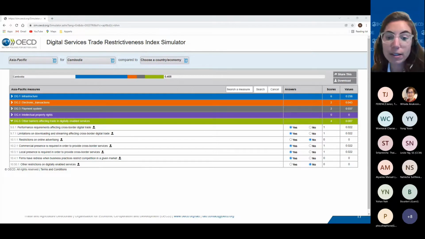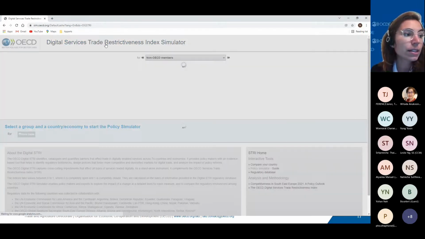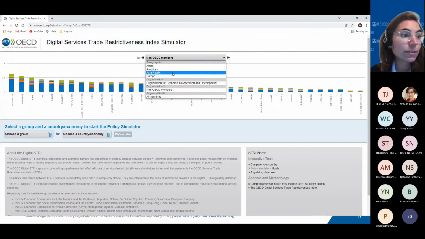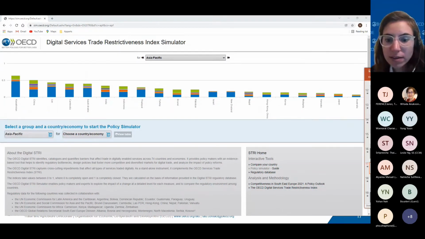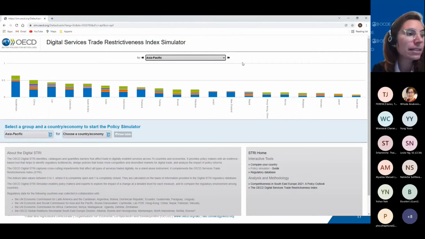Lastly, the last question in this first exercise is how does your economy compare to main trade partners globally and regionally. That is one of the changes that we have introduced to the digital STRI. So now we're able to present a full view of the Asia Pacific region.